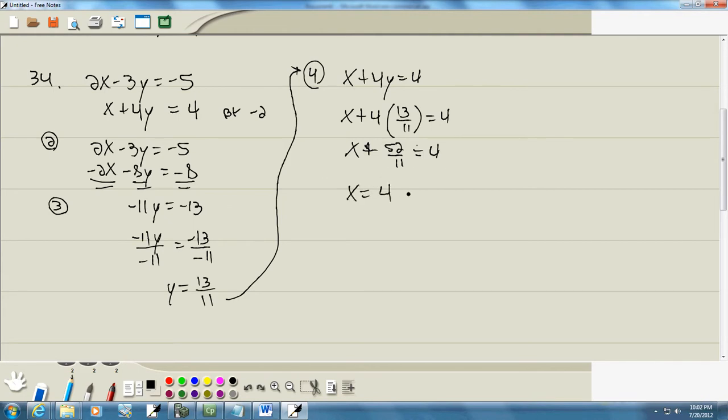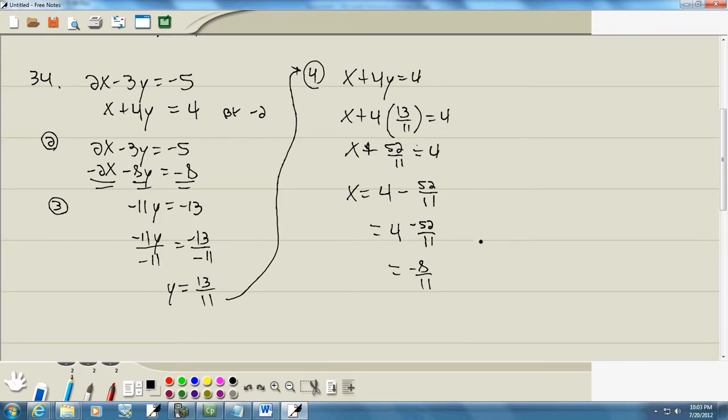I don't mind them. So I'm going to take the 52 elevenths over to the right side. Becomes a negative 52 elevenths. This is a mixed number, and the key thing here is the negative has to go up on top. So we'll take 4 times 11, which gives us 44, and plus the negative 52, that gives us negative 8 elevenths. Now if you stink at fractions, no big deal.